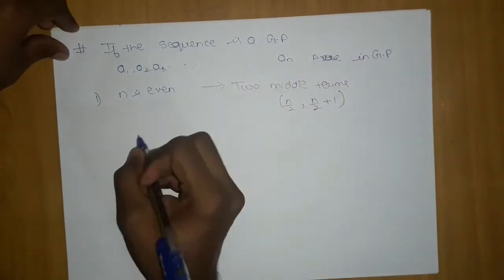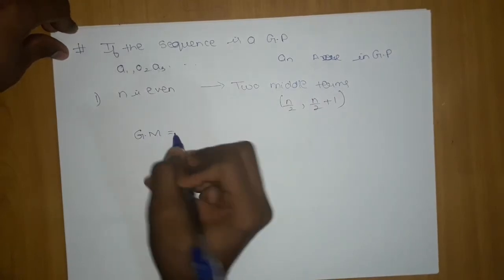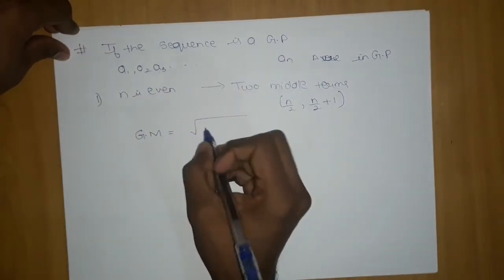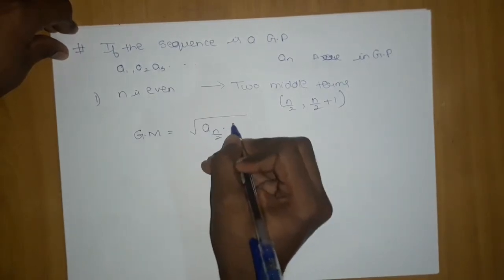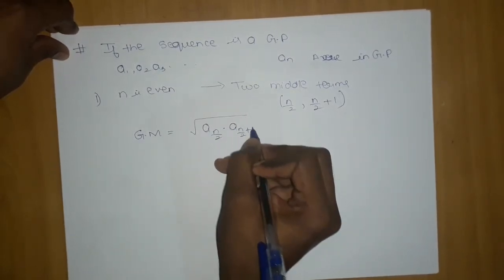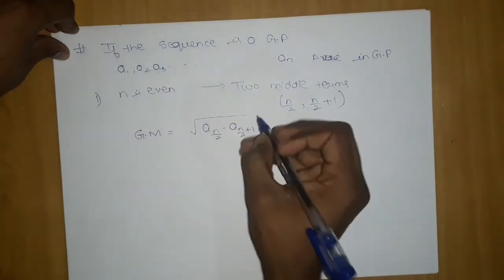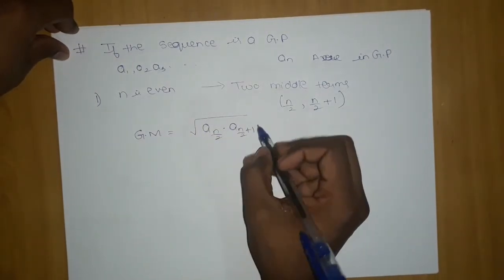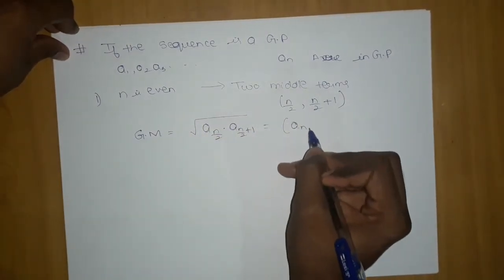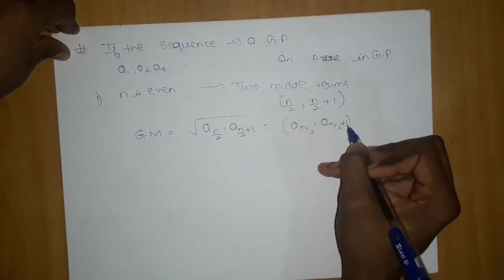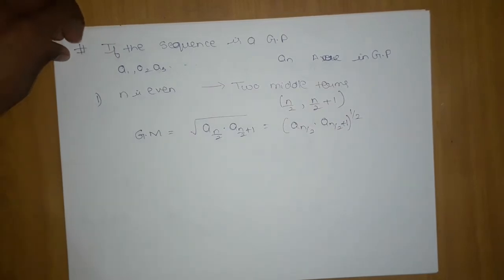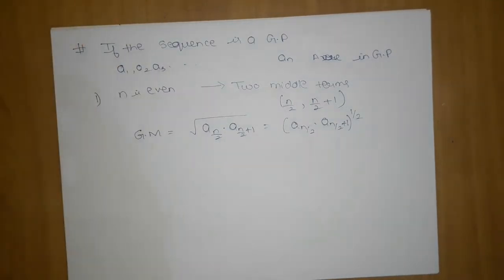So GM will be nothing but the square root of these two terms: (A n by 2 times A n by 2 plus 1) to the power 1 by 2. You don't need to find every term, you just need to find the middle terms, and you can get the GM.